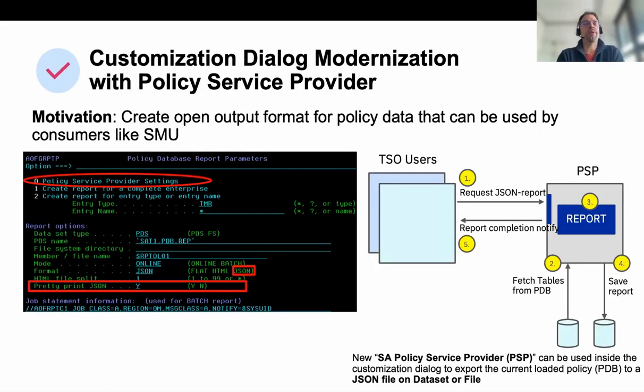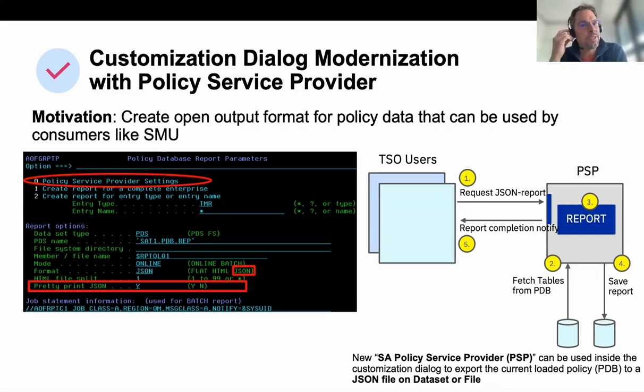So another piece is around customization dialog modernization. For defining the system automation policy, we have this ISPF-based customization dialog, and we want to also provide open APIs and ways to consume the data in the SA policy by other consumers in a more open way.